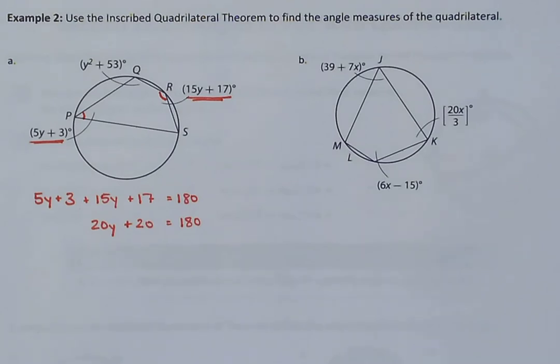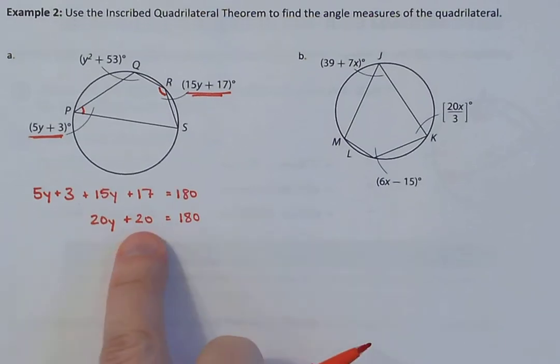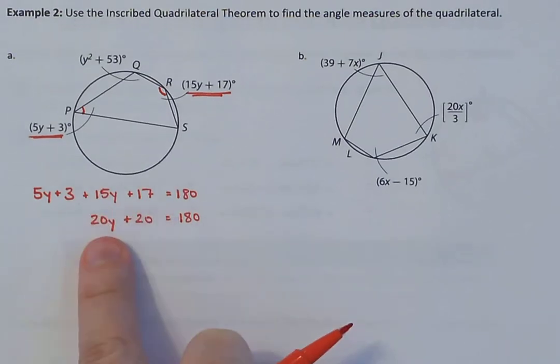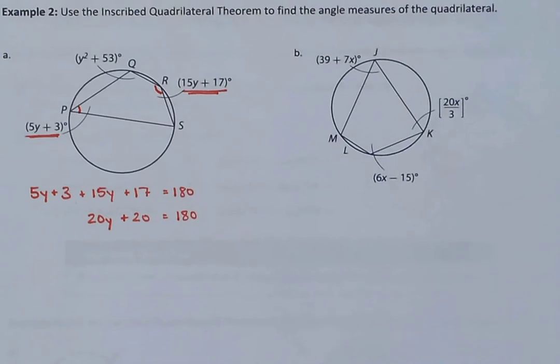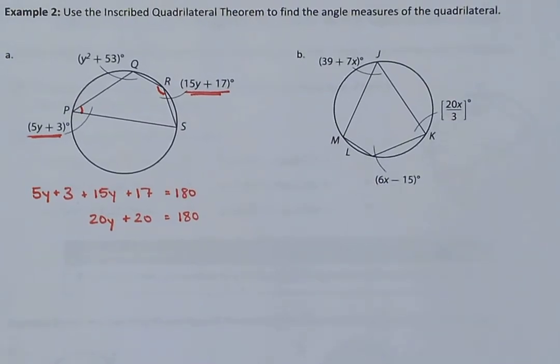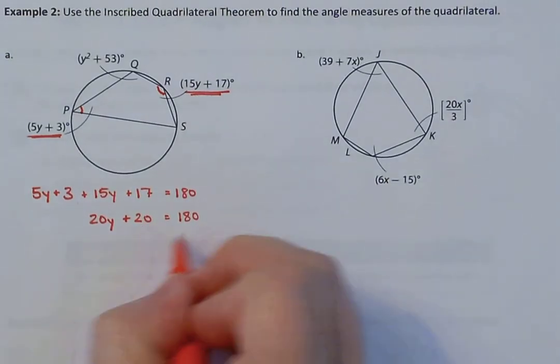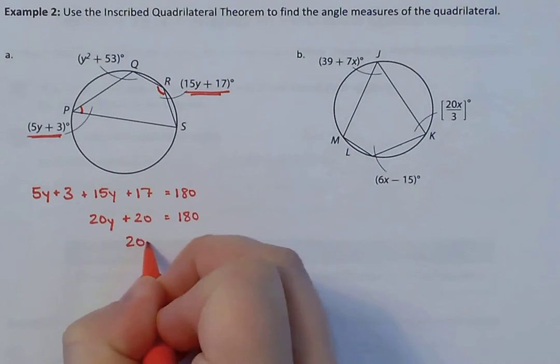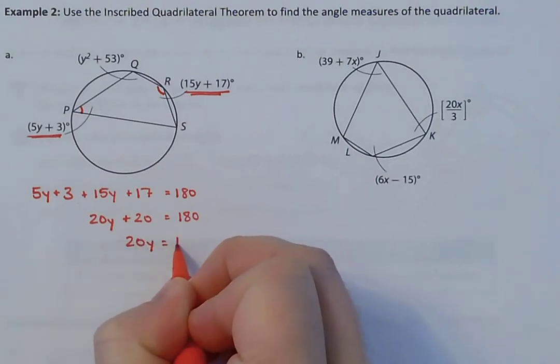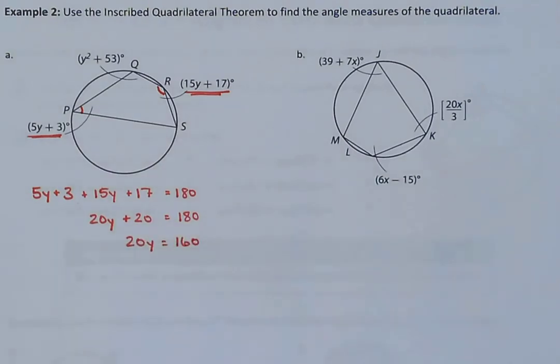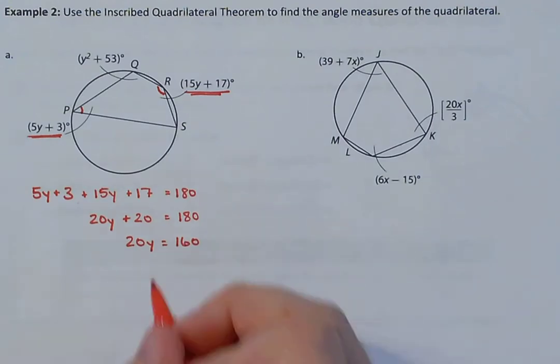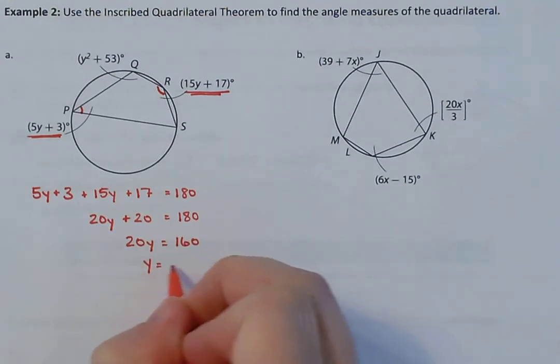So 20y plus 20 equals 180. All we have to do here is subtract the 20 and then divide by 20. So if we subtract 20, we end up with 20y equals 160. And if we divide by 20, we find y to equal 8.